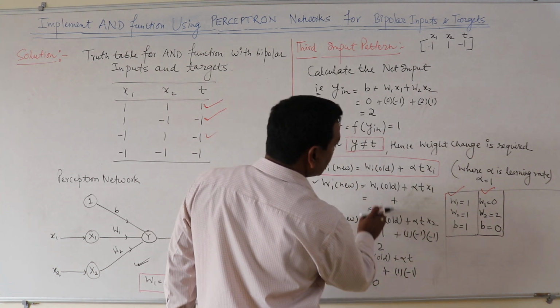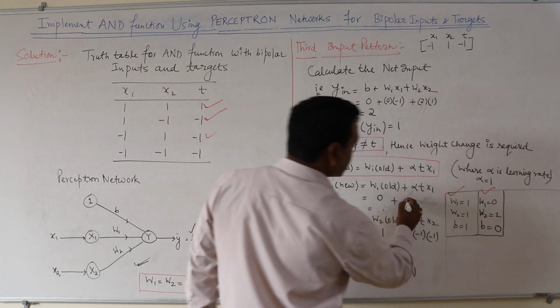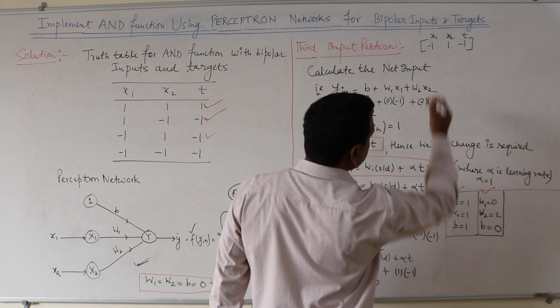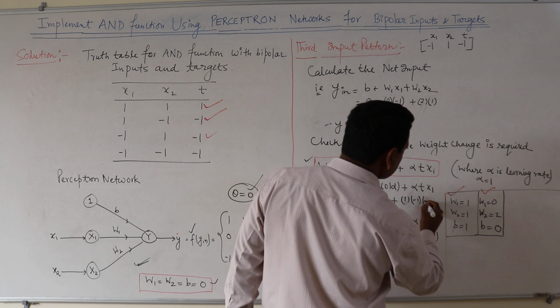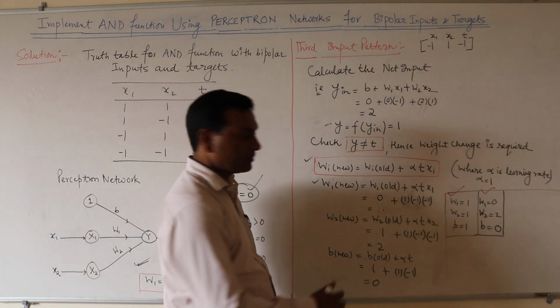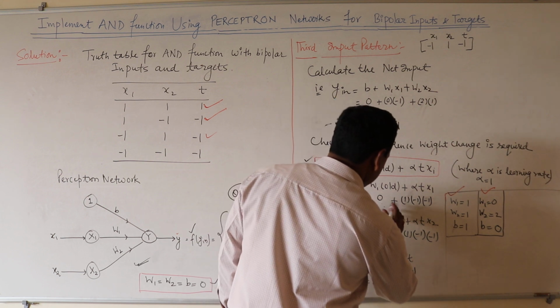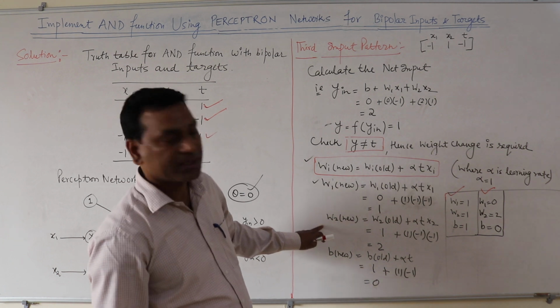W1 old is 0, alpha is 1, target is minus 1, and x1 is minus 1. Now this will be 1. So this is 1.